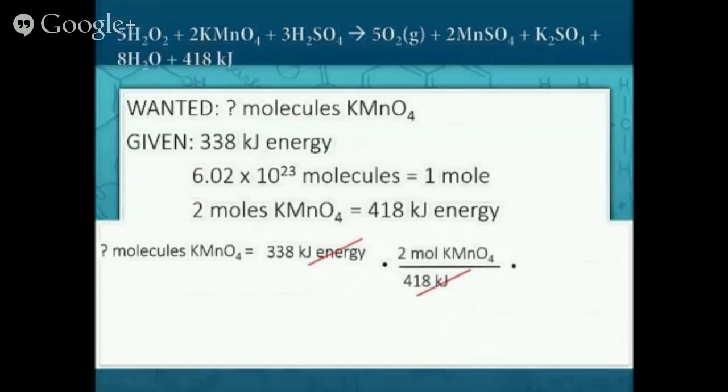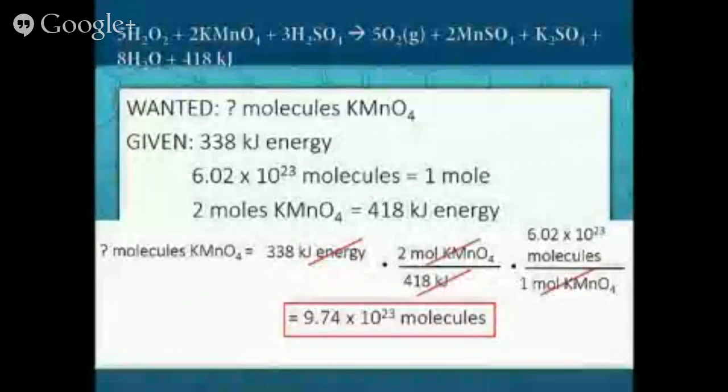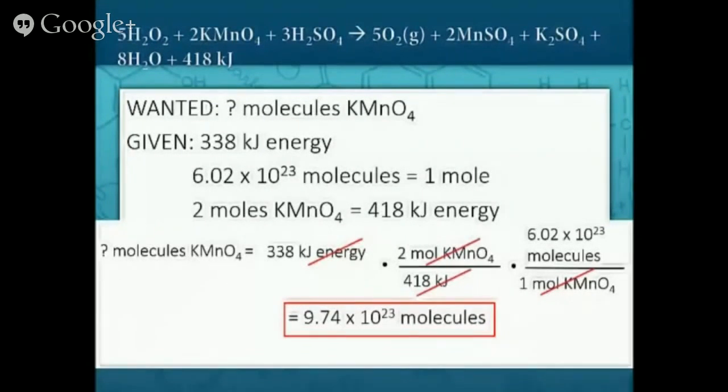Then finally, to convert to molecules of potassium permanganate, we know that 1 mole of potassium permanganate is equal to 6.02 times 10 to the 23rd molecules. We multiply the numerators together and divide by the denominators, and we get 9.74 times 10 to the 23rd molecules. This tells us that 9.74 times 10 to the 23rd molecules of potassium permanganate release 338 kilojoules of energy.